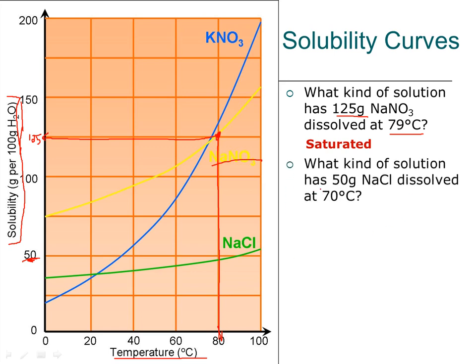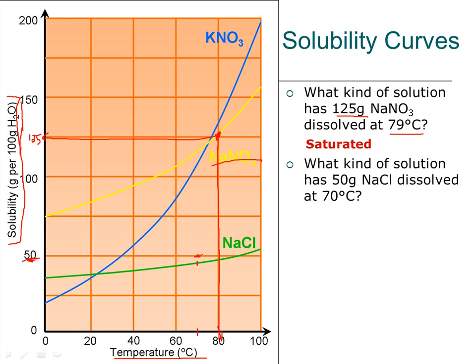So what kind of solution would we have if we had 50 grams of sodium chloride dissolved at 70 degrees? So let's say, okay, 70 is somewhere right here. So if we go up to our sodium chloride line right here. So if we had 50 grams, that would be right here. So normally sodium chloride would be saturated at 70 degrees with less than 50 grams, or whatever that worked out to be.